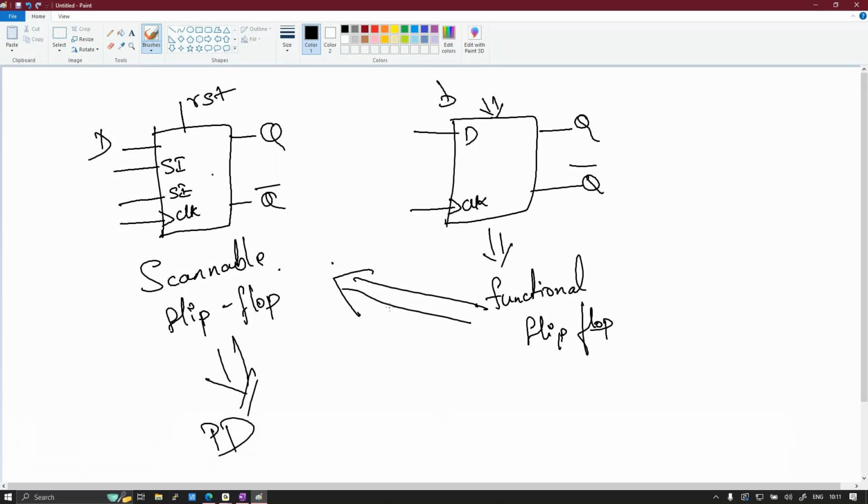Now, as there is a dependency on conversion, let's say a scan configuration is required from the DFT team. Till they provide it, should I stop my flow? Can I stop my flow? No, I shouldn't stop the flow.